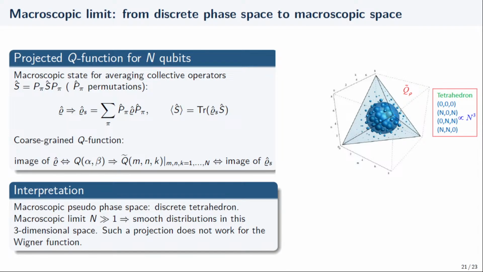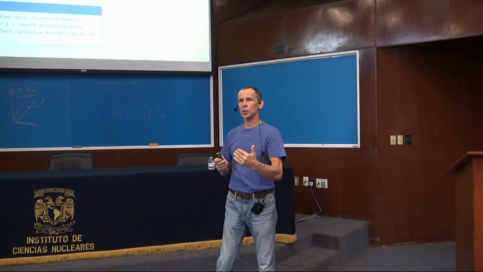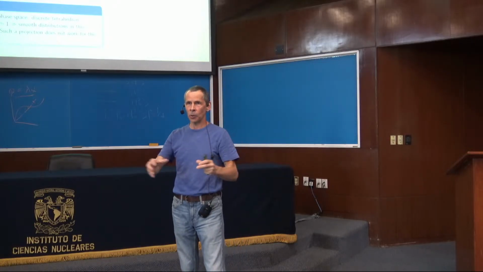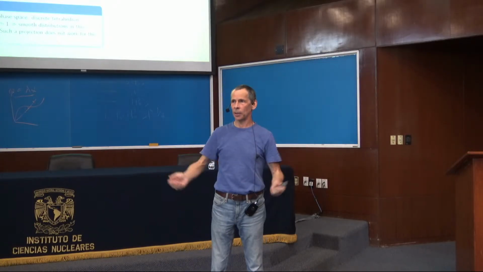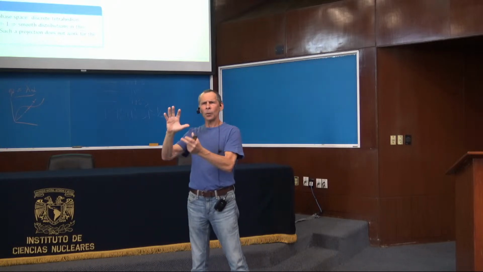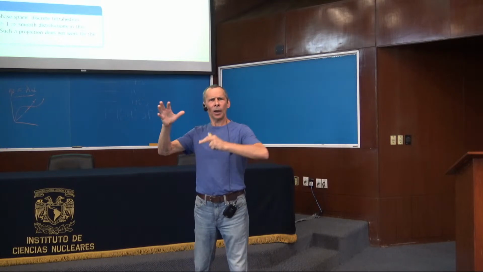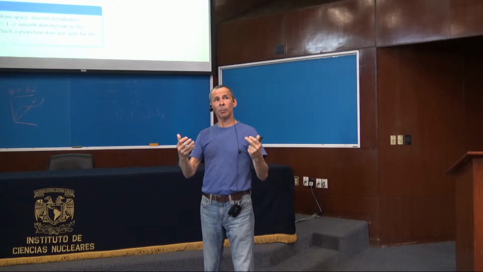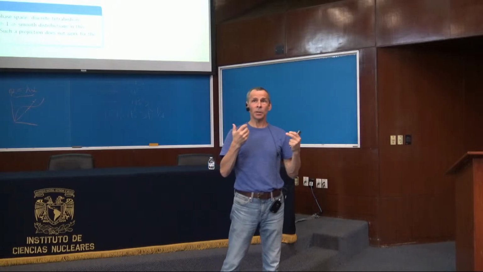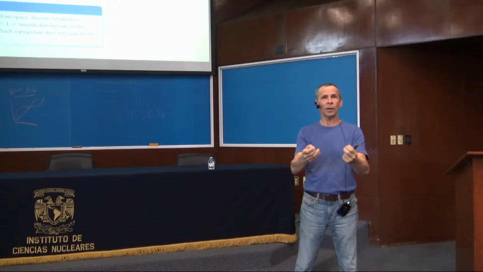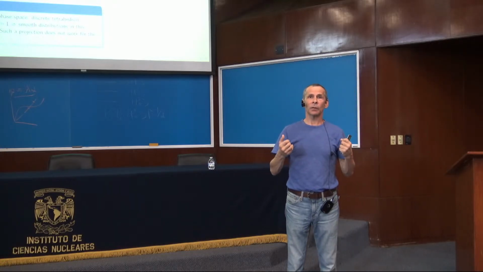Collective operators means something which you cannot distinguish. For instance, you have a Bose-Einstein condensate, and it irradiates. All these spins irradiate. So what you capture is a field. With this field, you can do many things, different kinds of correlation functions. But the field emitted by the condensate does not distinguish which atom emits what field, right?